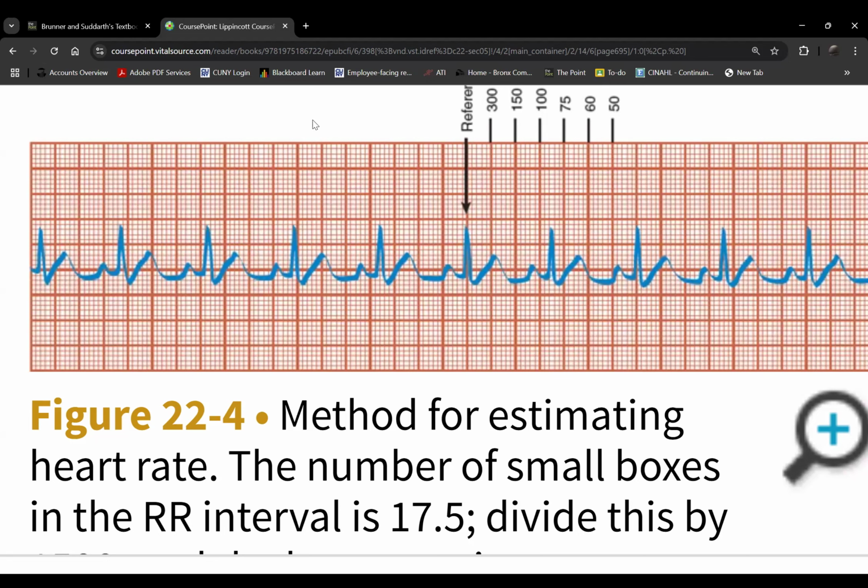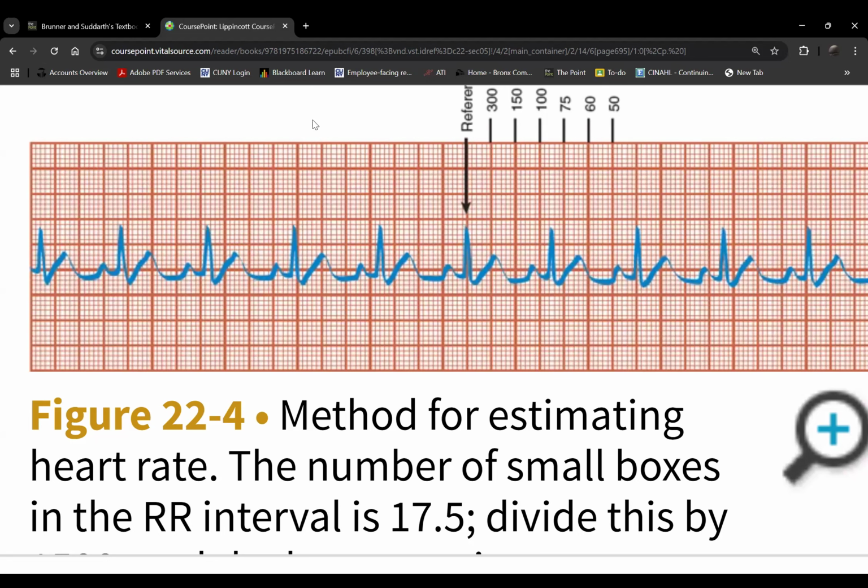If your rhythm is abnormal, such as in AFib, for instance, or atrial flutter, you don't have a regular rhythm, meaning they don't occur at regular intervals.